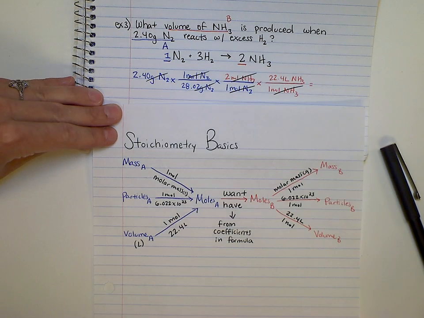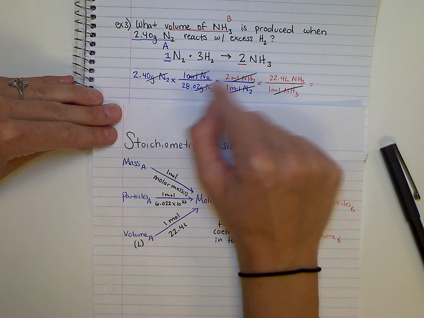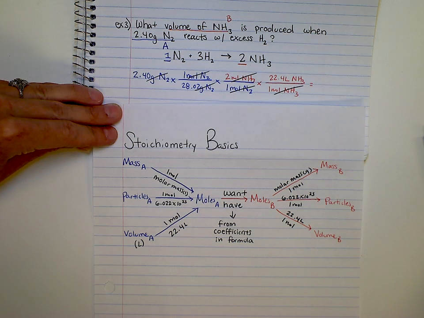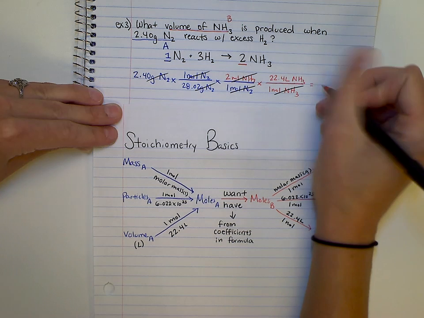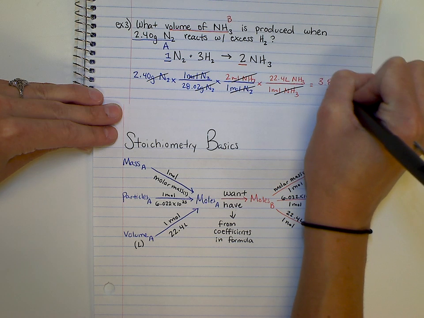So I know I've set this up correctly. Now in my calculator, 2.4 divided by 28.02 times 2 times 22.4, and that will give me my answer. Once I do that, I'll end up getting 3.84 liters of NH3.